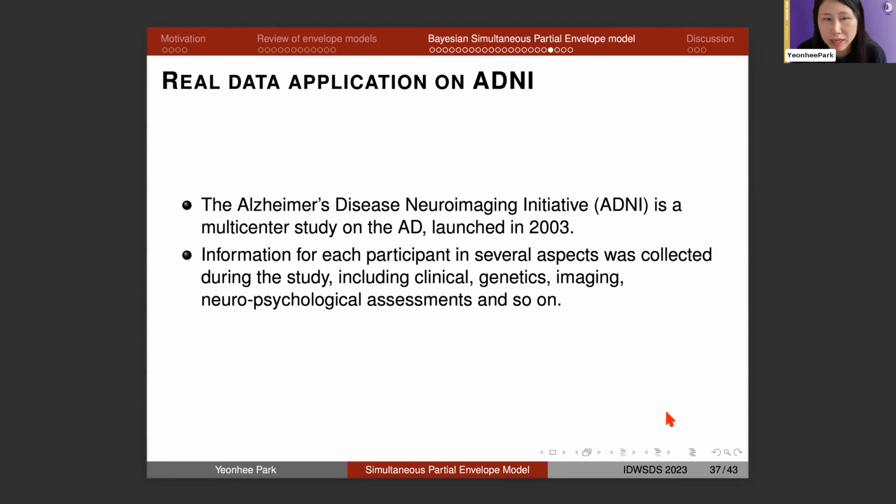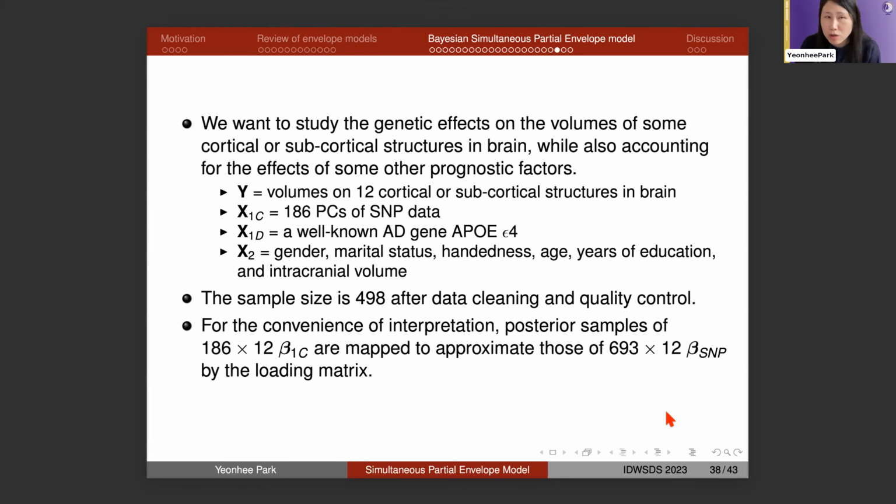They collect data for each participant in several aspects, including clinical, genetics, imaging, neuropsychological assessment, and so on. We want to study the genetic effects on brain volumes of cortical or subcortical structures, while we want to account for the effects of some other prognostic factors.